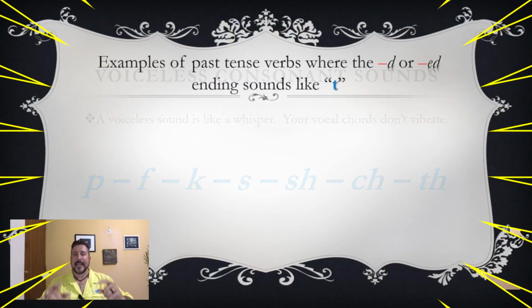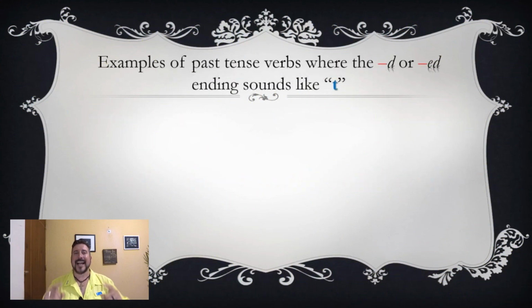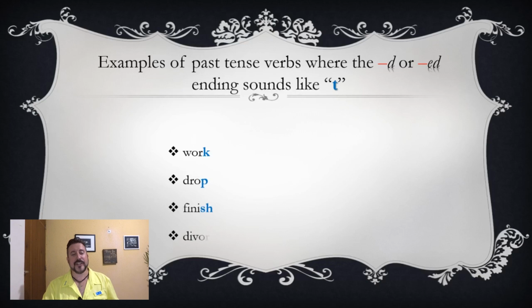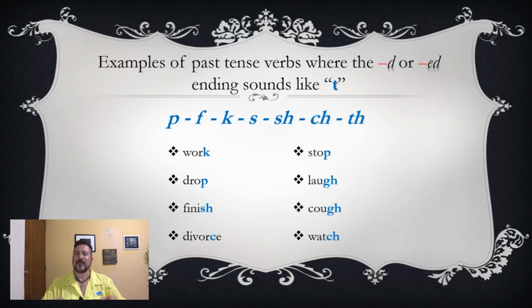If your verbs end with one of those sounds, like walk, work, or drop, finish, divorce, stop, laugh, cough, and watch, you notice how each one of those words ends with a voiceless consonant? So when we add the ED to these words, it's going to be a T sound.